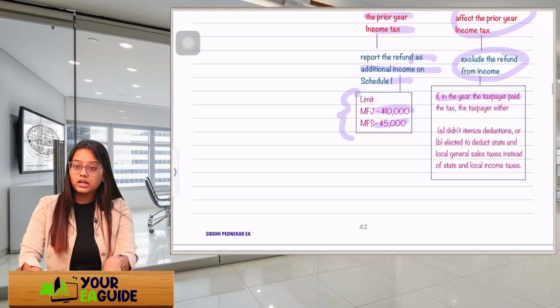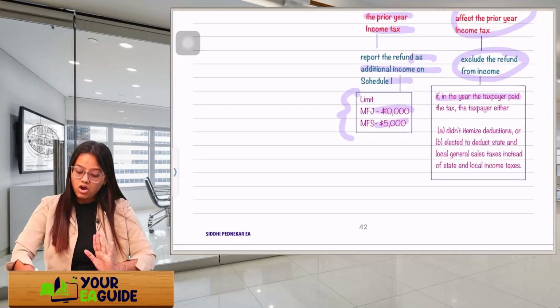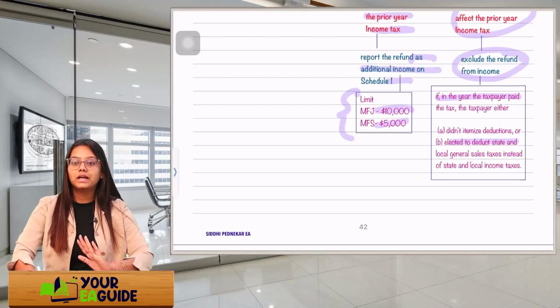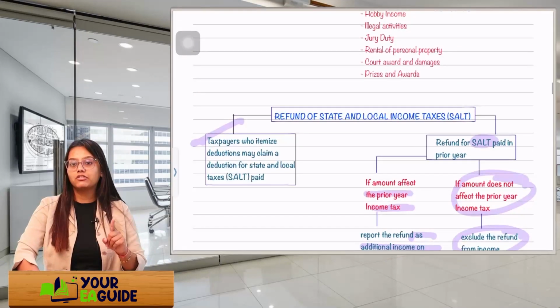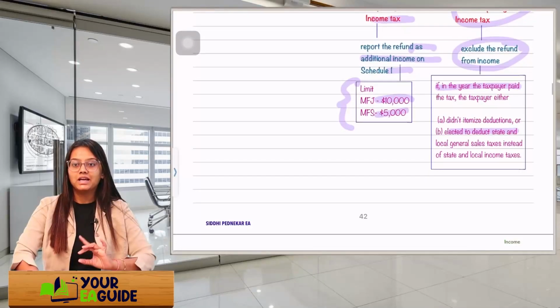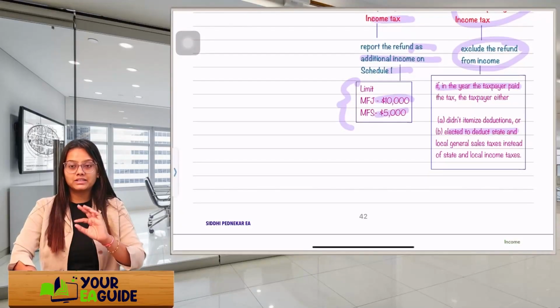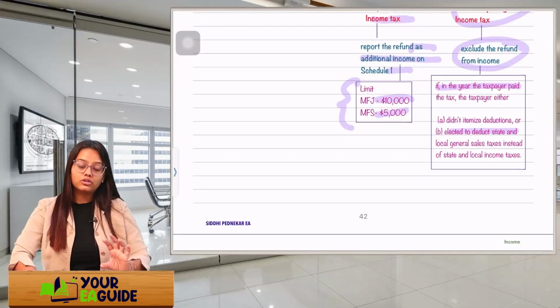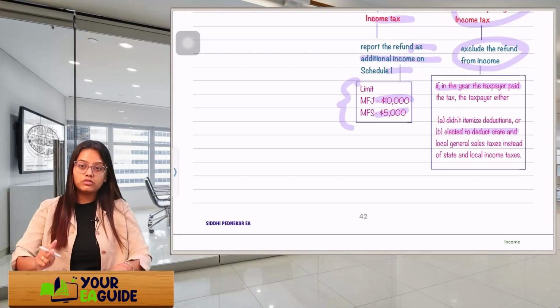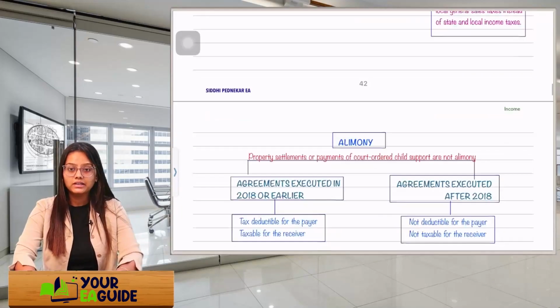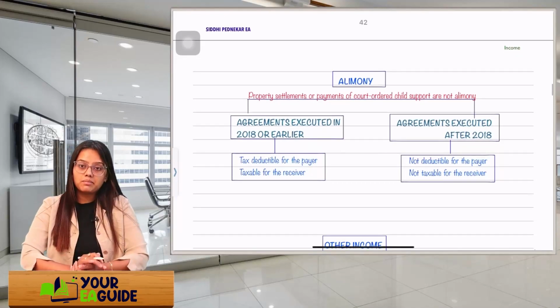If in the year the taxpayer paid the taxes, the taxpayer either didn't itemize or elected to deduct state and local general sales tax instead of state and local income tax, there are two taxes, and you can take a deduction for only one, not both. Got it guys?